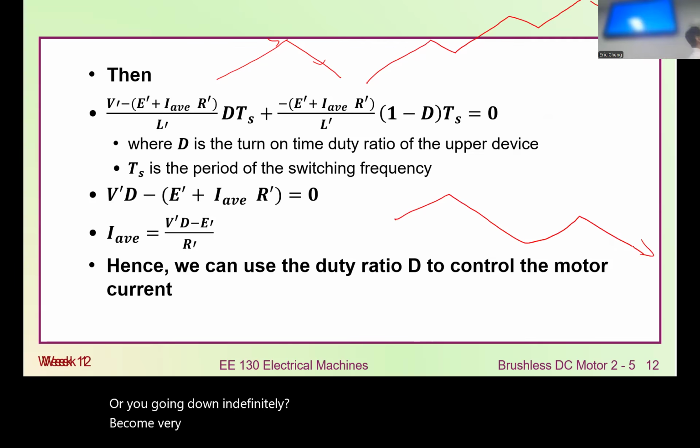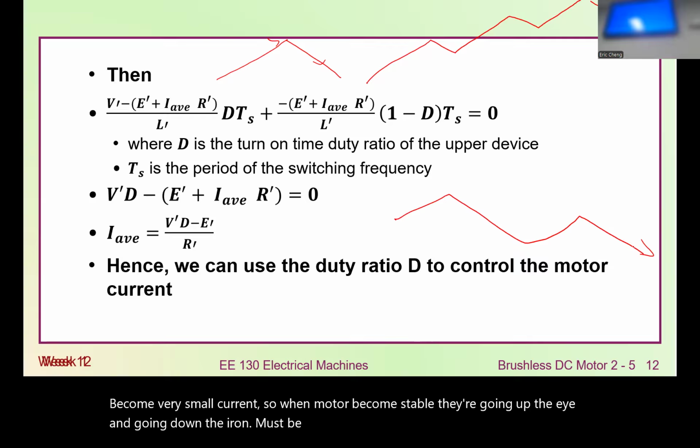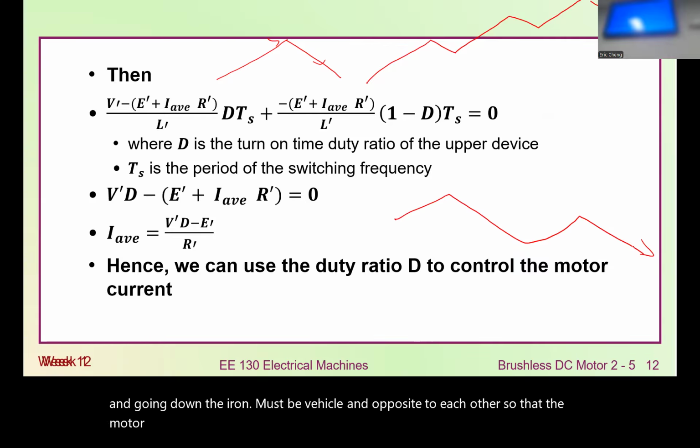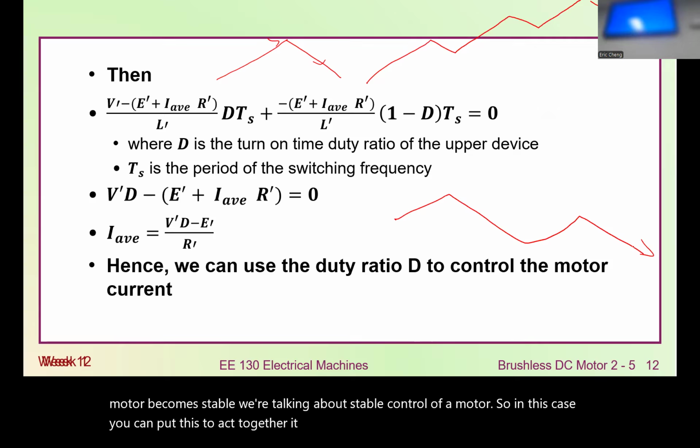So when motor becomes stable, the going up ΔI and going down ΔI must be equal and opposite to each other, so that the motor becomes stable. We're talking about stable control of a motor. So in this case, you can add these two together, become 0. So that's the manner we can work on.